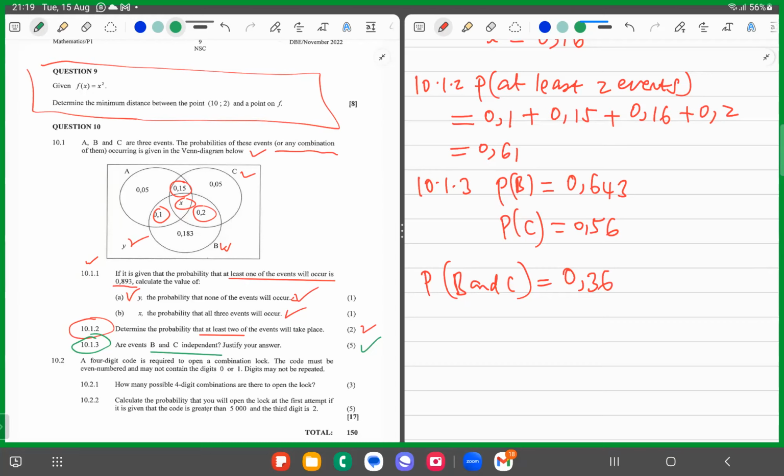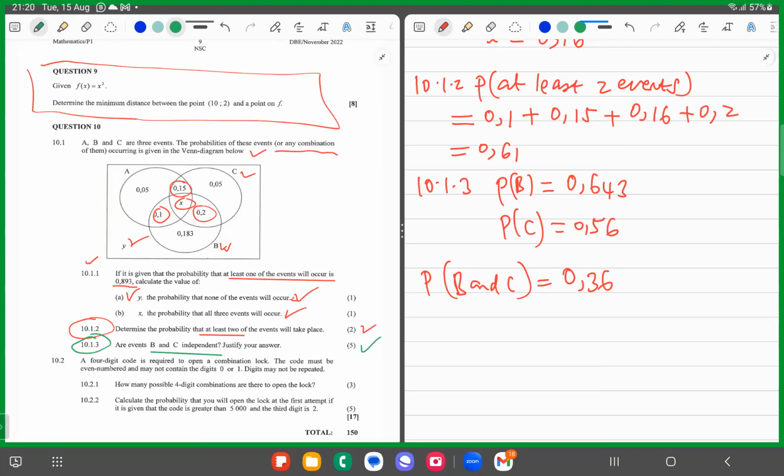0.36. Okay, I'm just checking my answer here as well. Right, so that will be 0.36 because, right, so obviously you look at the B and C and you add everything up.